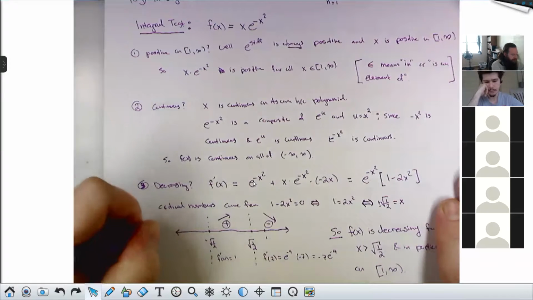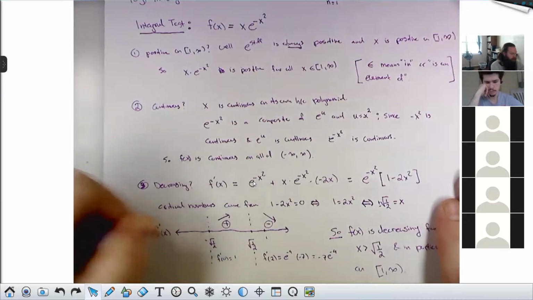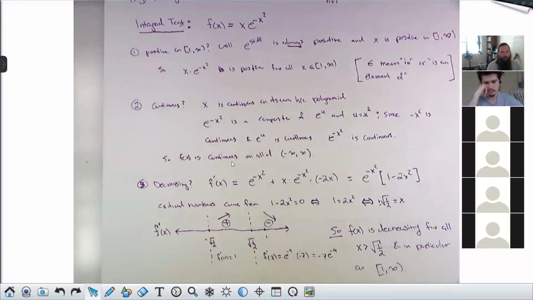This is the number line for f prime. I don't know if you guys remember this stuff very well from Calc 1 or not, but what we're doing here is finding where f prime is positive and negative. I'm solving the inequality that this thing is less than 0. I find that this region is a part of that solution.